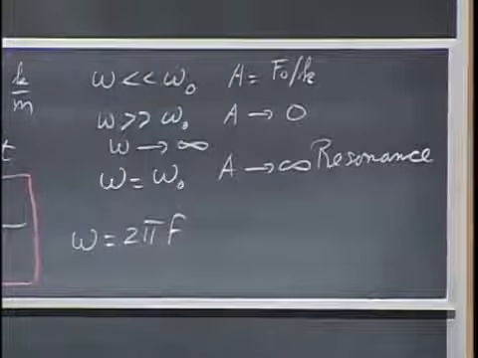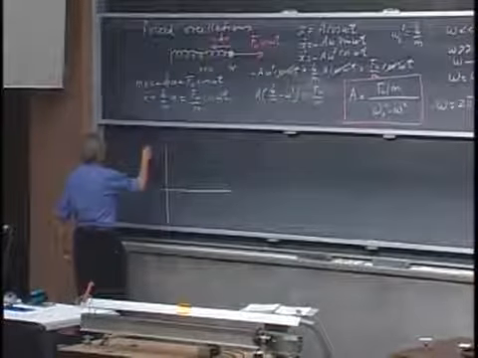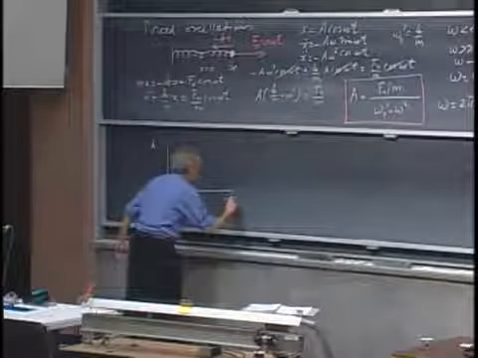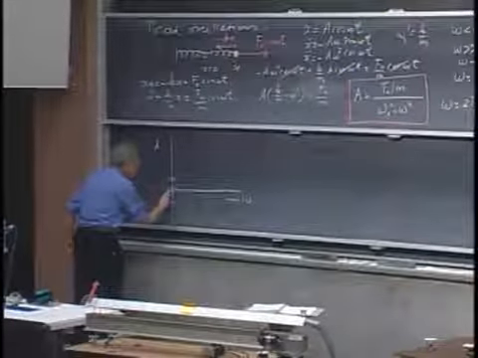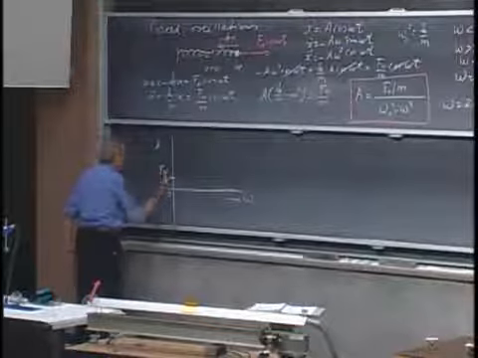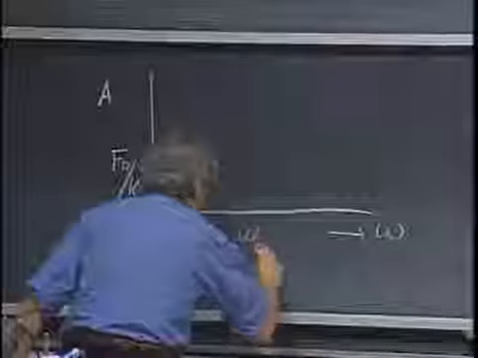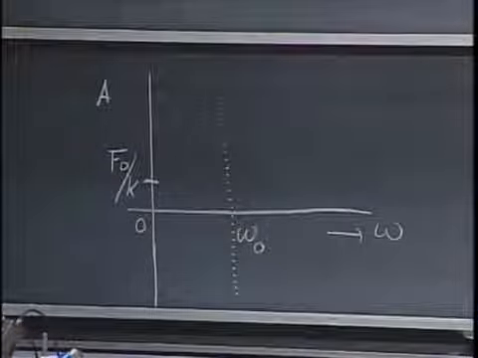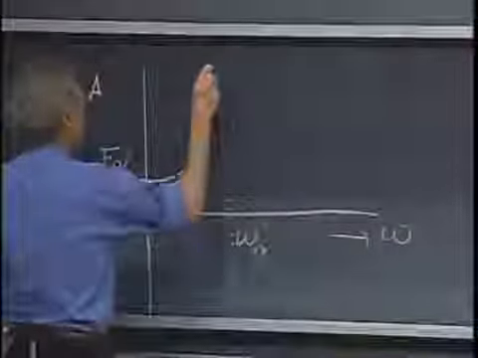If I make a plot of the amplitude versus frequency omega, then at low values, f0 divided by k is the amplitude. When I hit the resonance frequency, the natural frequency of the system, it goes out of hand, goes to infinity.